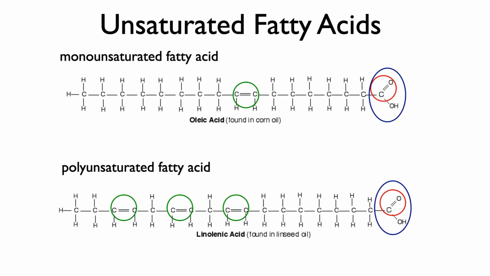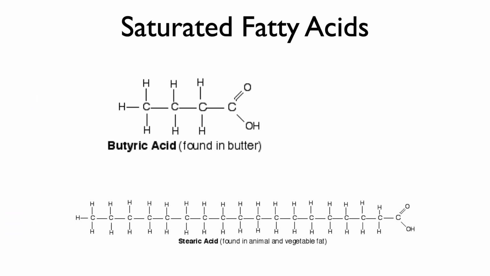In addition, we have saturated fatty acids. So again, carbonyl group, part of a carboxyl group. This time all of the carbons in the chain are filled in with hydrogen, so this is saturated.